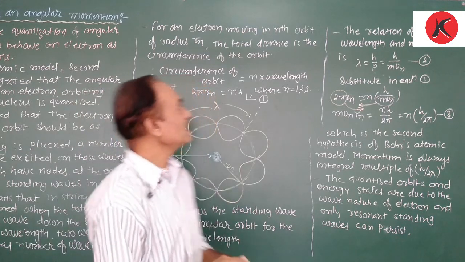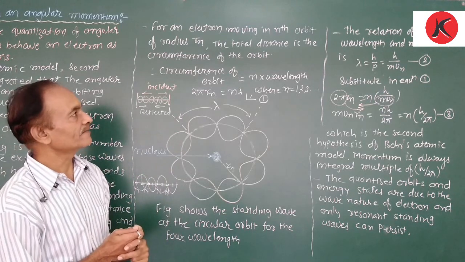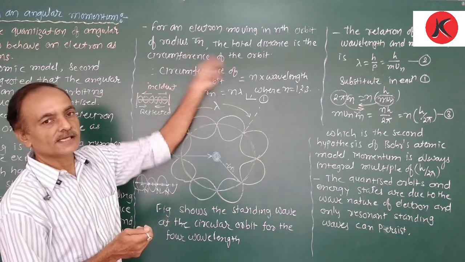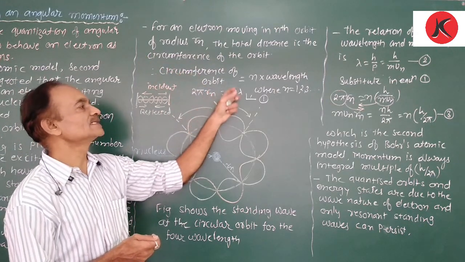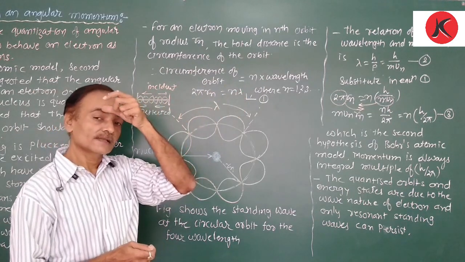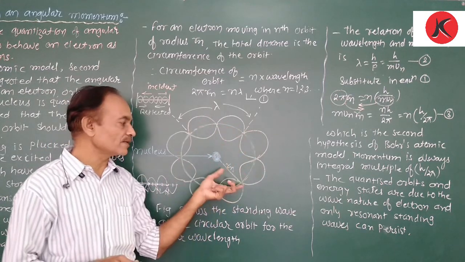Again, when the electron moves in the nth orbit of radius r, the total distance is the circumference of the orbit. Therefore, the circumference of the orbit 2 pi r is equal to n times wavelength, that means n lambda. Here the figure shows the electron revolving in the nth orbit of radius r.